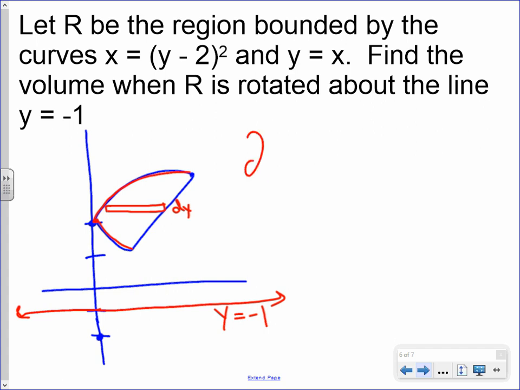All right, so 2 pi r h thickness. The height of our shells. We look at that rectangle and the height of each of those shells we would describe as what?